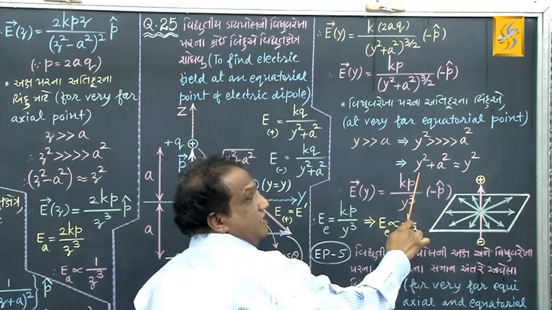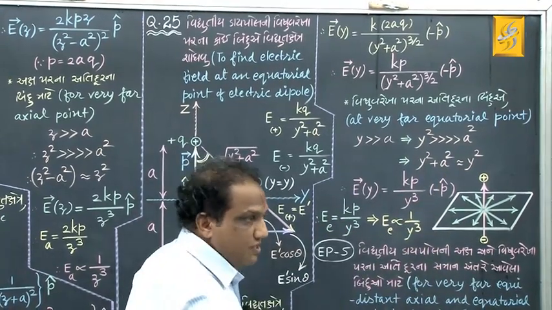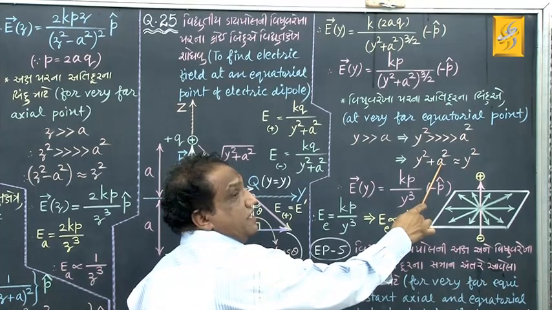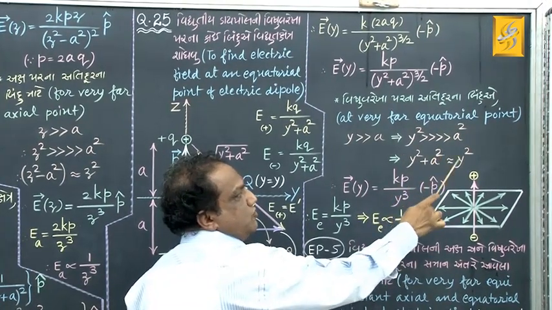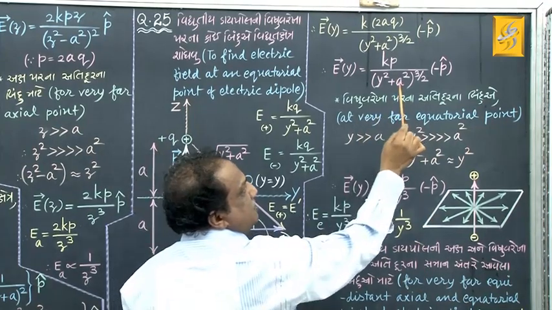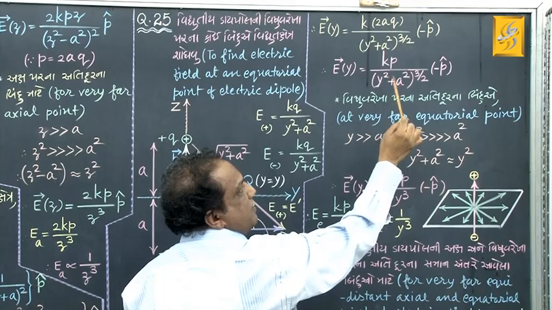Then in this addition, y square plus a square, if a square is negligibly small, you may safely neglect it, and this addition is as good as y square. Here in the denominator, left out is y square whole raised to 3 by 2.